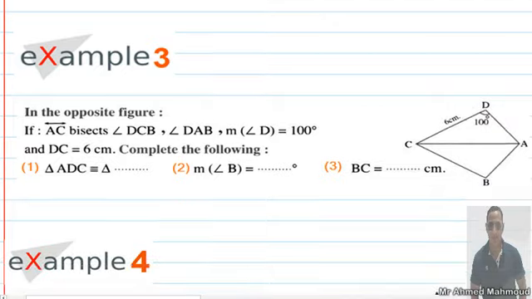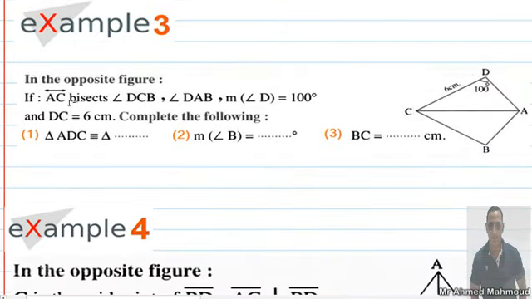Example 3. Here we have AC bisects, and we explained the meaning of bisect. Bisects means divide into equal halves. AC bisects angle DCB and DAB. That means angle DAC equals angle BAC, and also angle DCA equals measure of angle BCA.